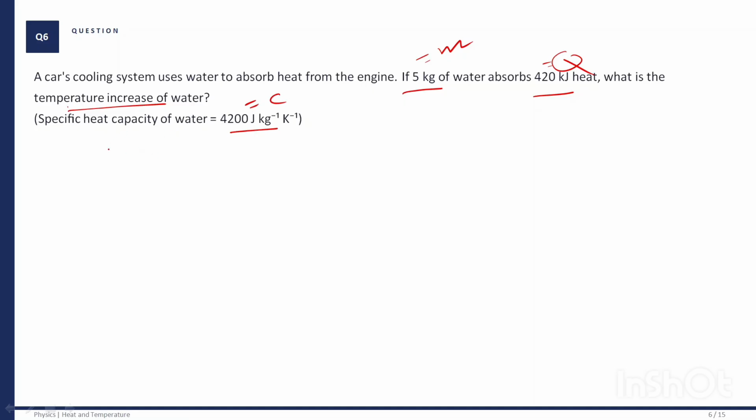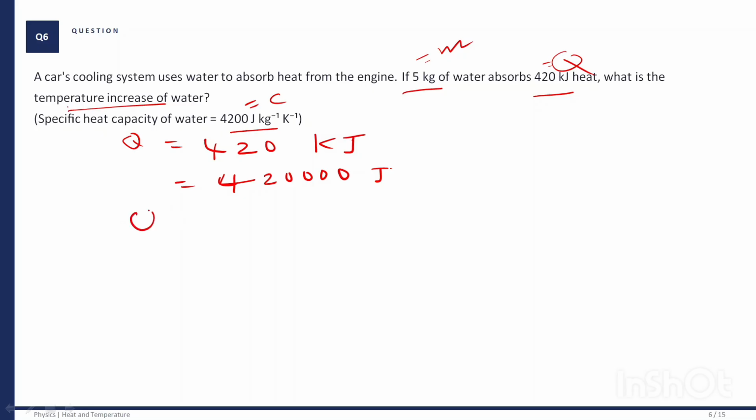Okay, so before I write the formula, Q equal to 420 kilojoules. 420 kilojoules is nothing but 420,000 joules. 1 kilojoule equal to 1000 joules, so just multiply with 1000.